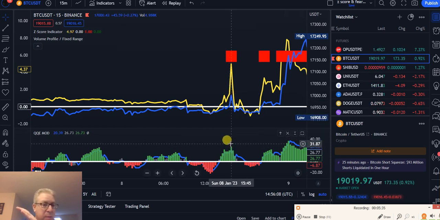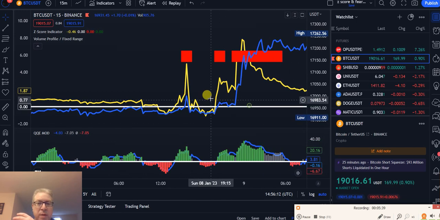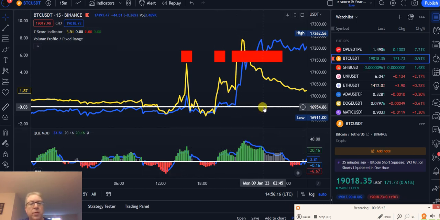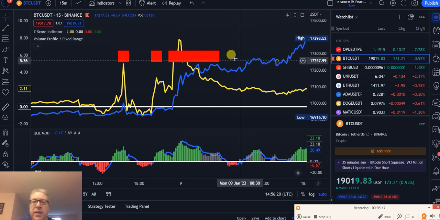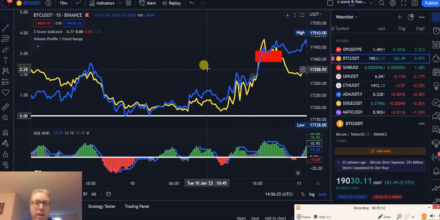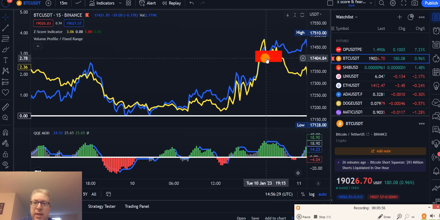So you're still in play. This is all a 15 minute chart, so this could be like, I don't know, a couple of days. Sell, sell, sell, buy, buy, buy. You don't do anything. You're still in the trade and you let Bitcoin rip from 17,000 all the way. You wait for something to say red and red. No, red and green. So you're still in the trade. This is good.